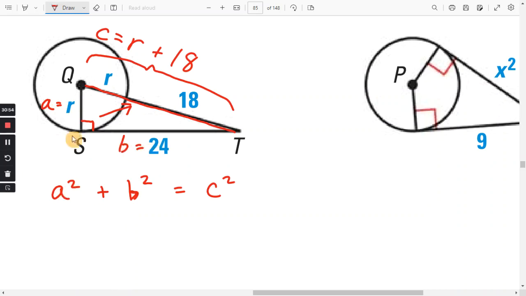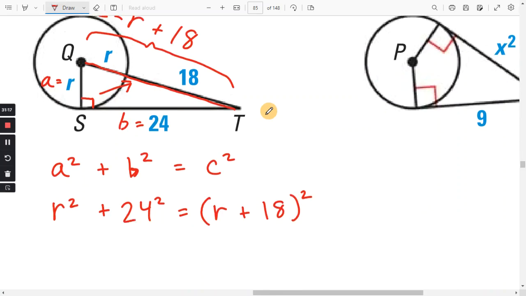So A squared is going to be R squared. B squared is going to be 24 squared. And C squared is going to be R plus 18 quantity squared. So you need to use parentheses on the R plus 18 since that's squared.